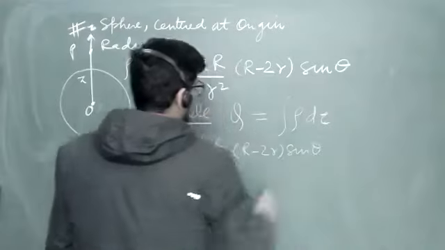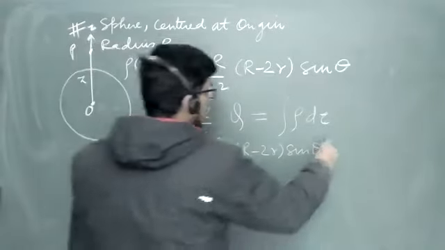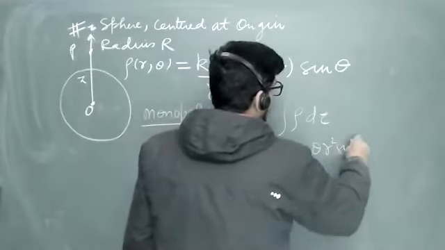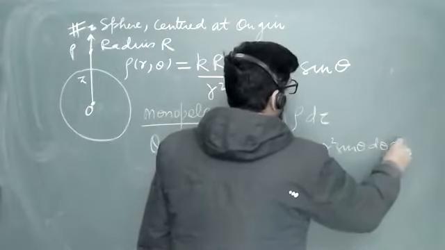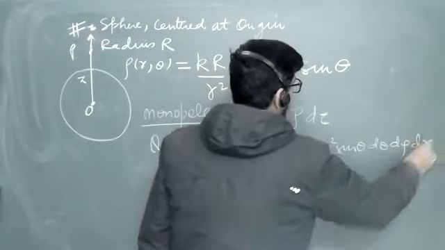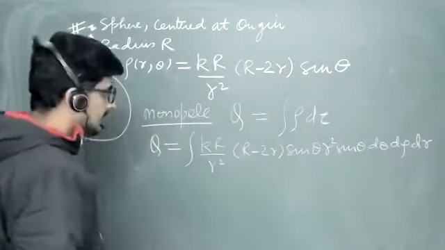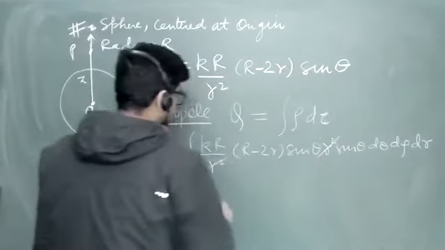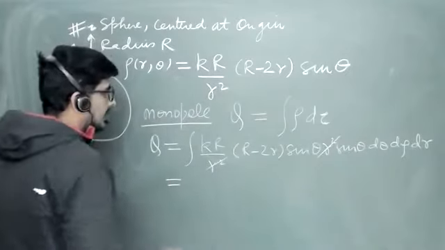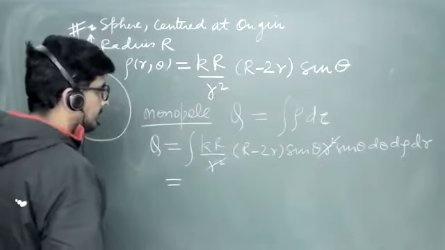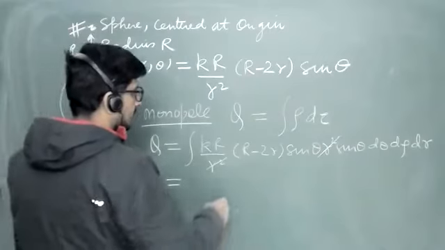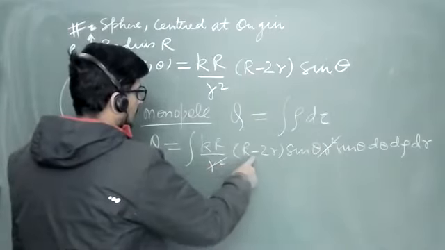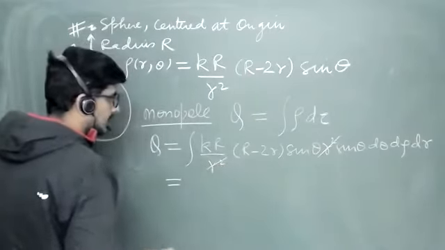Let us see what information comes out. d tau is r square sin theta d theta d phi and dr. So this will cancel, and the integral will be 0. So here we will have to integrate first.